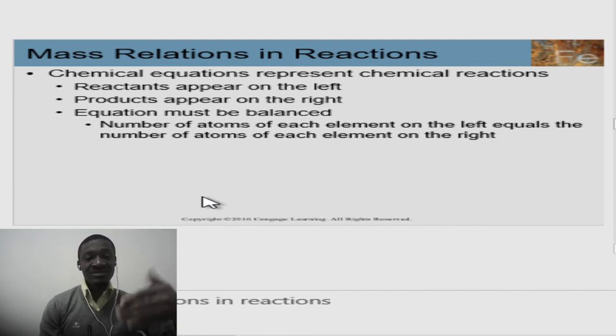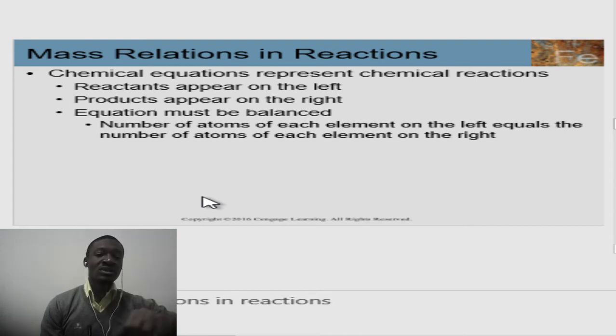A chemical analysis will involve a reaction, and it's called experimentation. You have reactants coming together to form products, with your reactants on the left-hand side and products on the right-hand side.